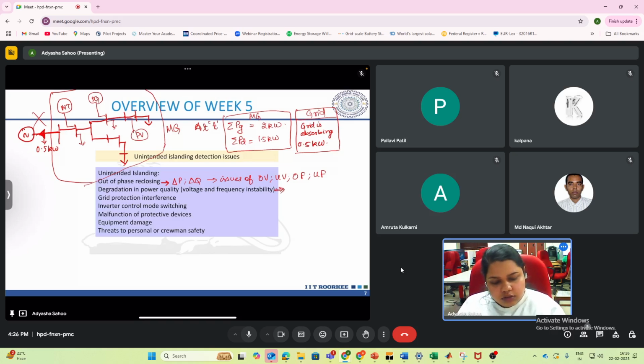Then next is grid protection interference. We will see in the coming slides how this islanding will affect the grid protection schemes. Then inverter control mode switching. The inverter control mode is a part of the EMS. As I said, the main motive of the inverter is to regulate the voltage and frequency.